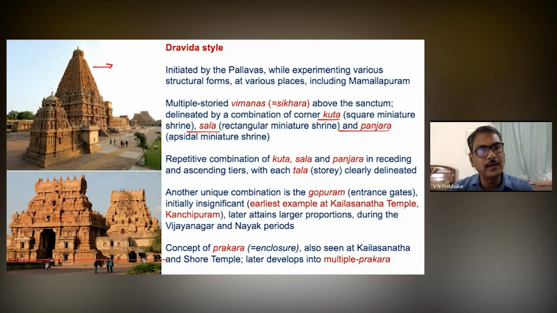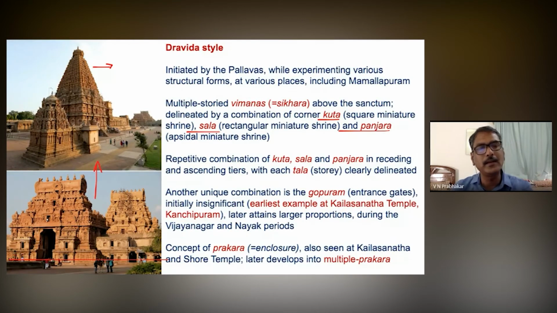In the case of Tanjavur big temple, we see two Gopuras corresponding to two Prakaras. One Prakara means one enclosure of the temple. Slowly, instead of the vertical feature of the Garbhagraha or the Vimana, they are trying to increase the height of the Gopuras.